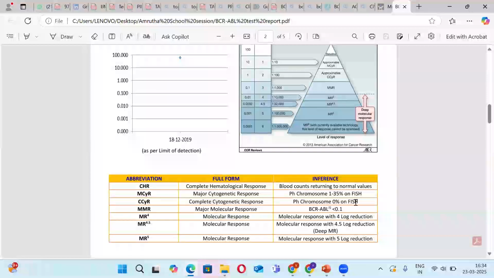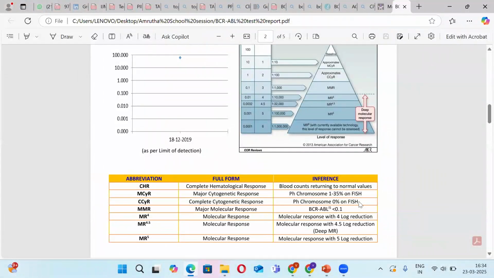If you don't see even a single cell on the microscope, usually you do 500 cells or sometimes 200 cells or 500, depending on how good the marrow is, it's important to document that we did not see even a single cell by either FISH or conventional cytogenetics. Then comes the major molecular response, where your percentage for BCR-ABL IS is less than 0.1.